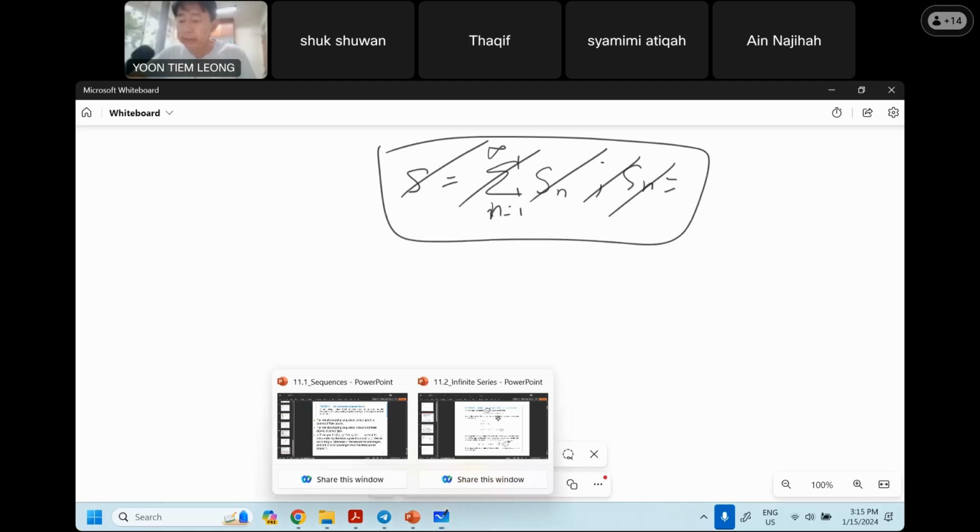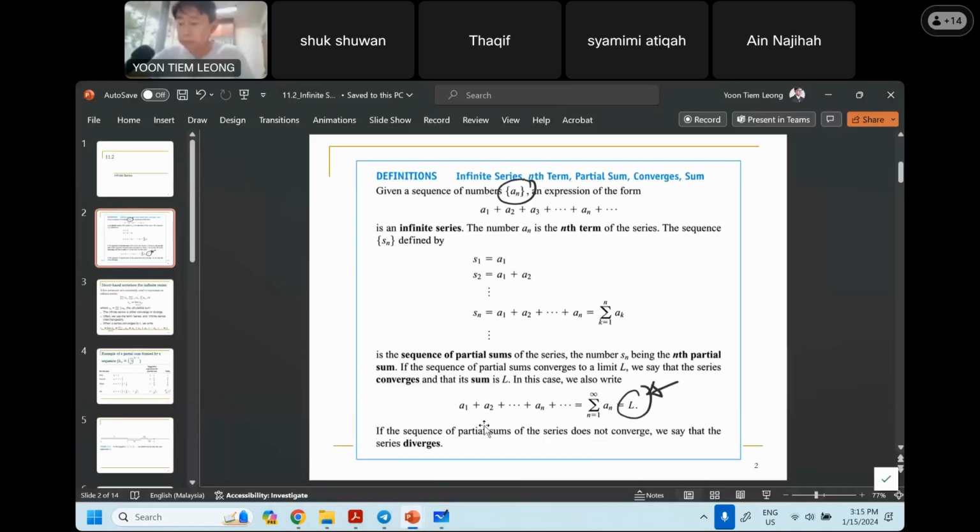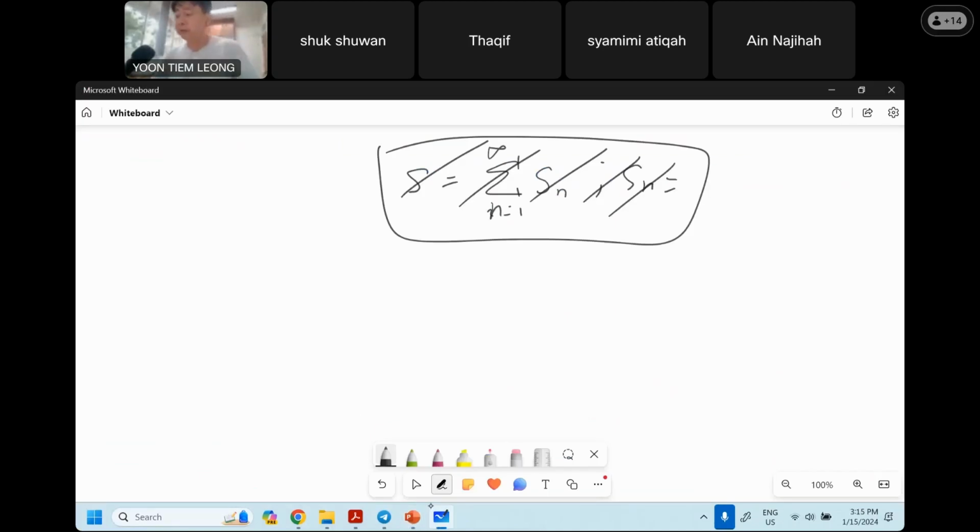Given a sequence of numbers an, the expression of this form is an infinite series. That is how we define an infinite series. If the infinite series converges, then we say the series converges. If not, we say the series diverges.